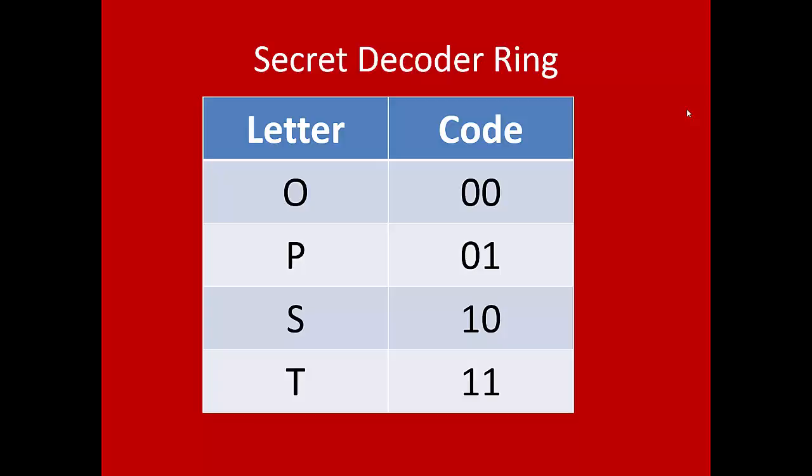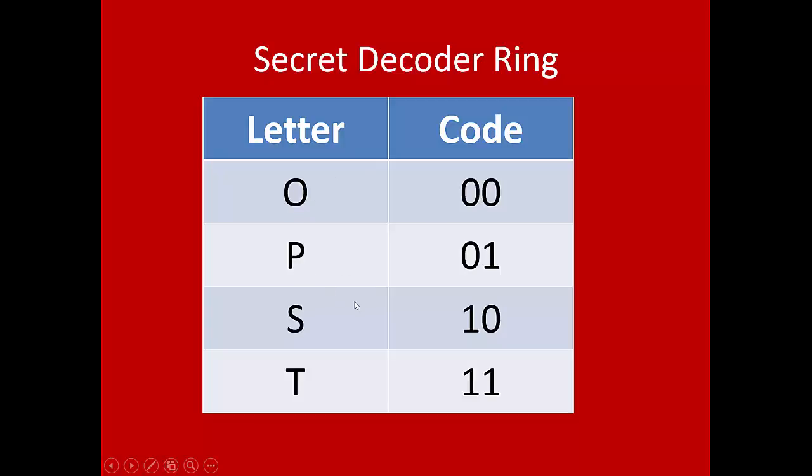These are the letters O, P, S, and T. To represent those letters, we're going to use two digits, 0 and 1, and we have two placeholders. It could be 00, 01, 10, or 11. In each of these cases, that's going to represent the letter that's just to the left of it.